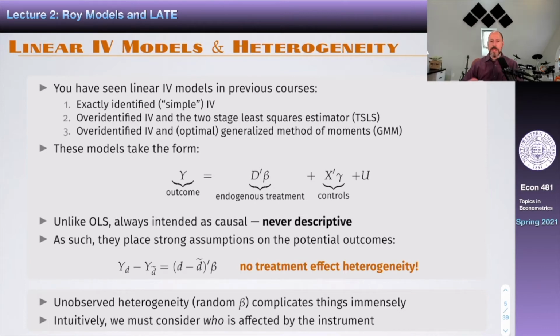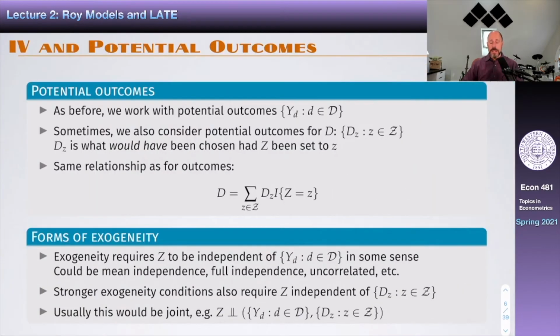And if you remember, for example, the basic introduction we did to LATE in 480, you will remember that different instruments may affect different subgroups of the population. And so the parameters that you end up identifying tend to be different. So we're going to describe all this again using the potential outcome notation.